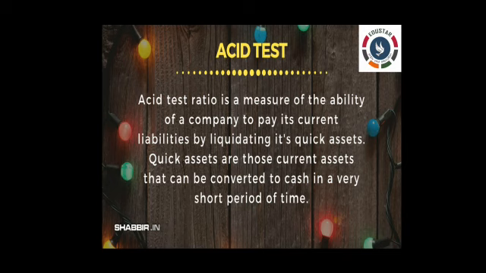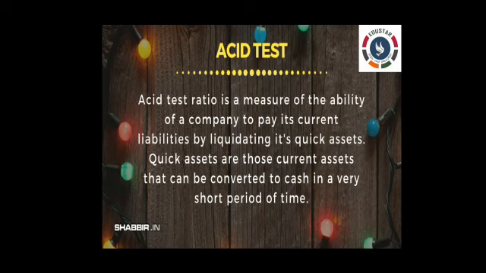Keep it in mind, we have to exclude inventories, and other current assets such as prepaid expenses and advance taxes. Because of the exclusion of non-liquid current assets, it is considered better than the current ratio. So it is easy to measure the liquidity position of the business.